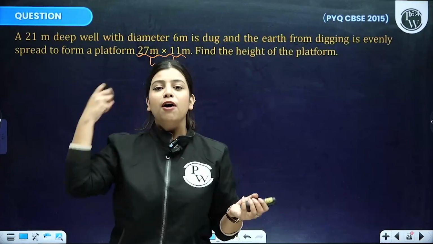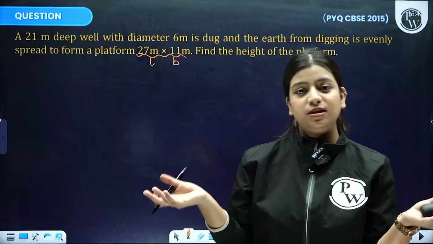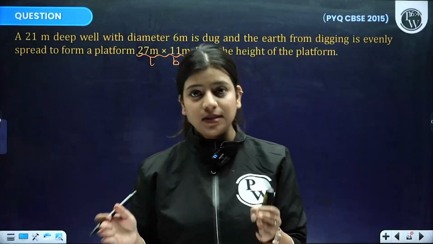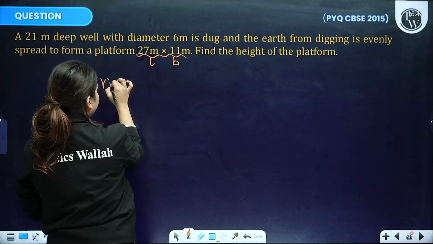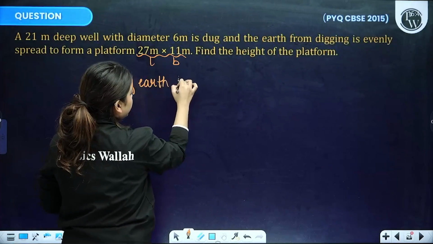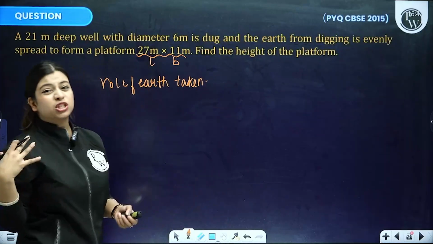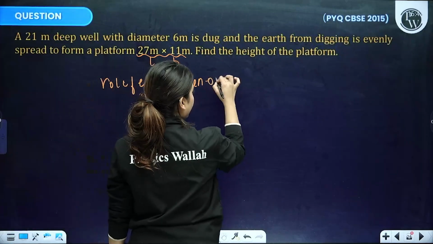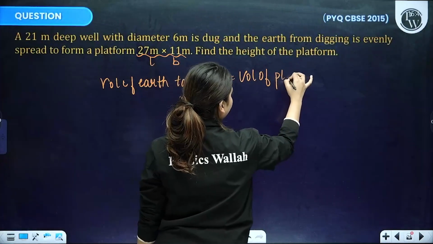So the volume of earth, or we can say the volume of soil that came out, is made into a platform like a cuboid. So the volume will be the same. So what we can say is that the volume of earth taken out, and the same soil is used, will be equal to the volume of the platform.